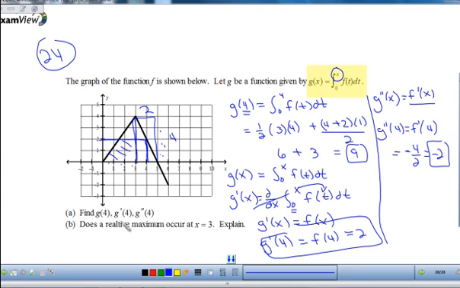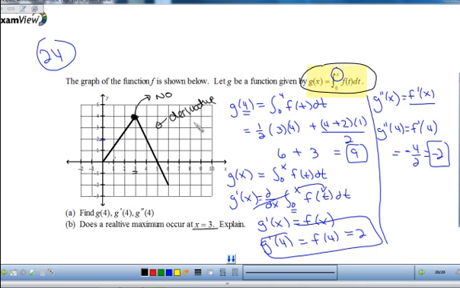And then the last question says, does a relative maximum occur at x equals 3? So at x equals 3, do I have a relative maximum? The answer is no. Why? Because remember, since g is defined as the integral of f of x, we are looking at the derivative of our function.